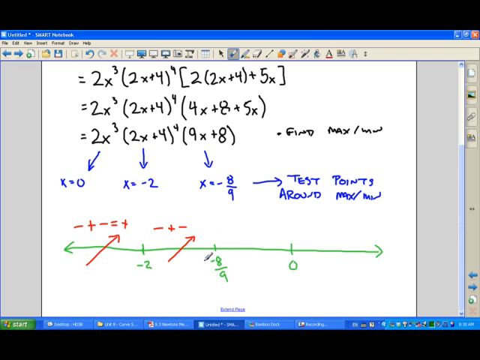If I pick a value between -8/9 and 0, like -1/2, I get a negative factor, a positive factor, and a positive factor, which gives me something that's negative overall. So there, my slope is decreasing. And then finally, if I pick a value higher than 0, I get 3 positive factors, which is positive overall when I sub it into my derivative. So again, it's increasing.